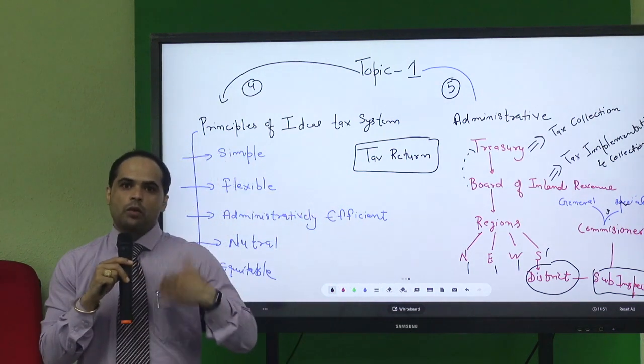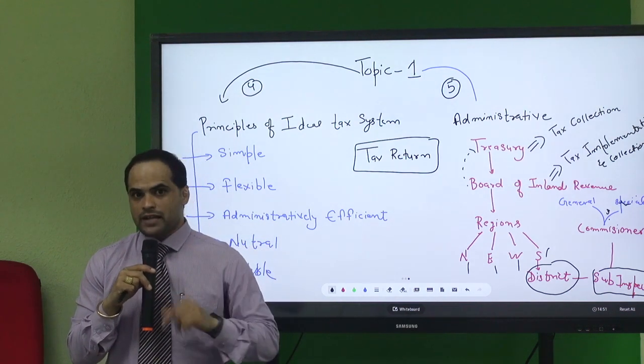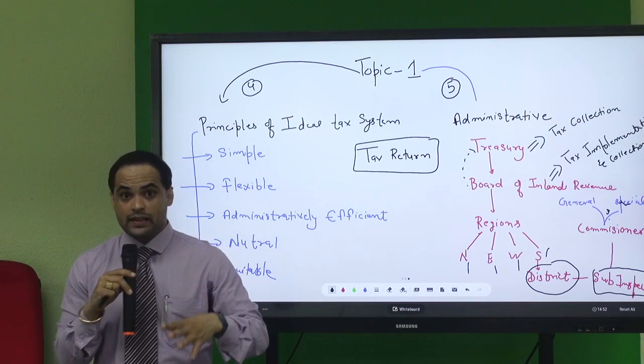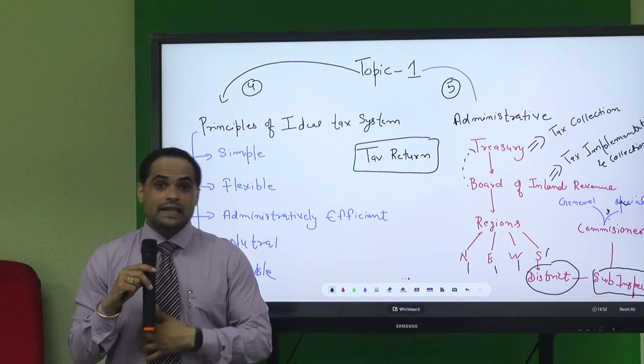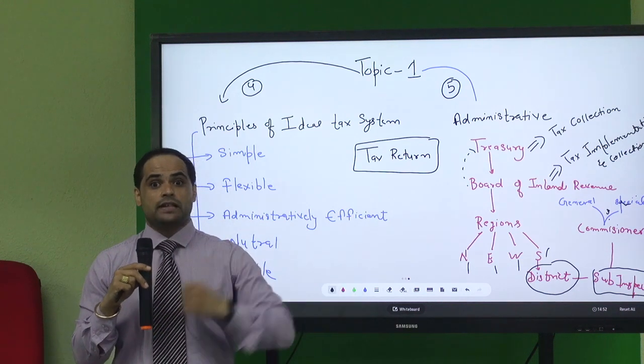Tax return basically works like this: we normally pay tax to the government. I'm talking about income tax every month, because we generate income monthly and then pay tax to the government, and at the end of the year we claim some tax back from the government.